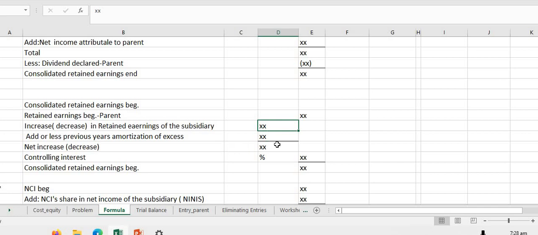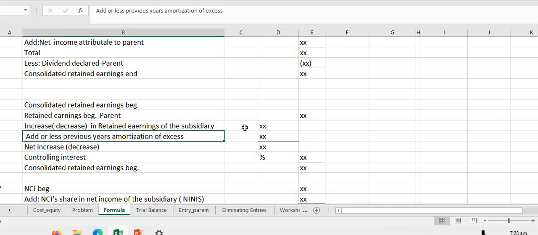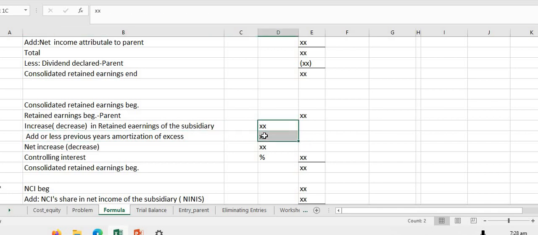Okay? Kasi diba, yung eliminating entries natin or yung working paper eliminating entries natin, that's actually for consolidation purposes lang. So, it will not affect the separate financial statements of both the parent and subsidiary. That's why we always consider the amortization of excess every year.